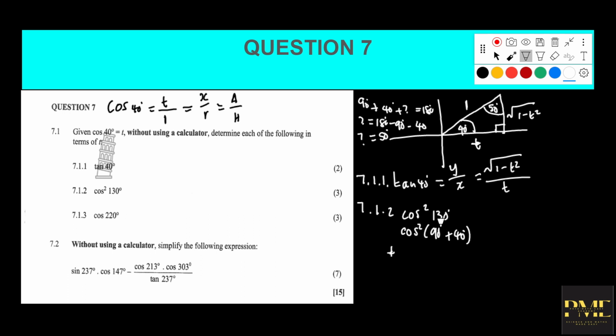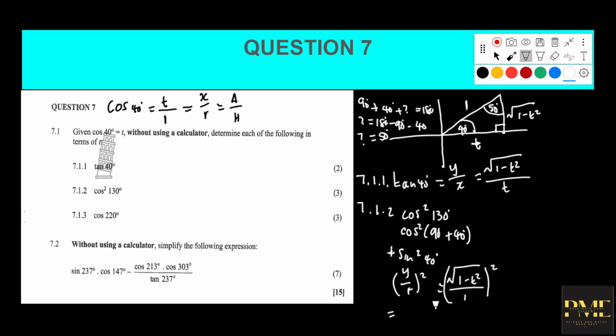And because we reduce again with 90, cos will change to its cofunction, which is sine squared 40 degrees. Sine by definition is y over r, and then all squared, and y is the square root of 1 minus t squared all over r, which is 1, and all this is squared.